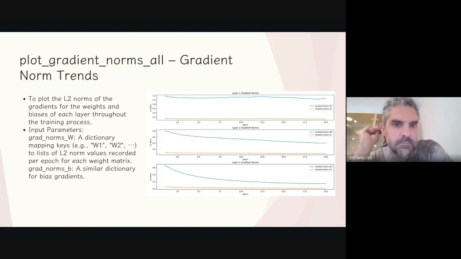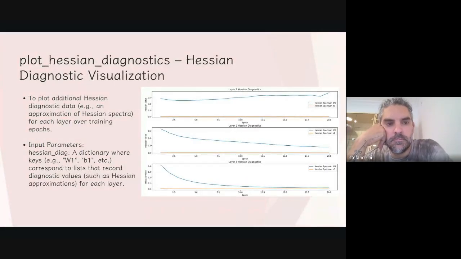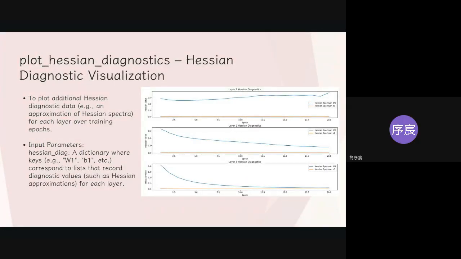And it could analyze the top-K impacts on the gradient norm changes. And the next one is the Hessian diagnostic visualization, which is required for step 6 of this challenge. It plots the additional Hessian diagnostic data.